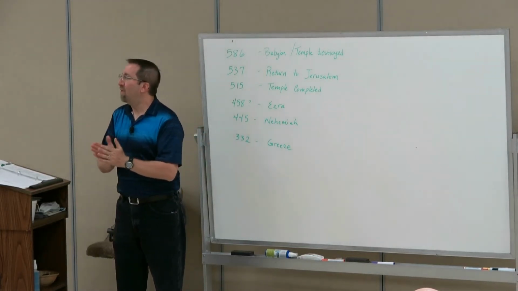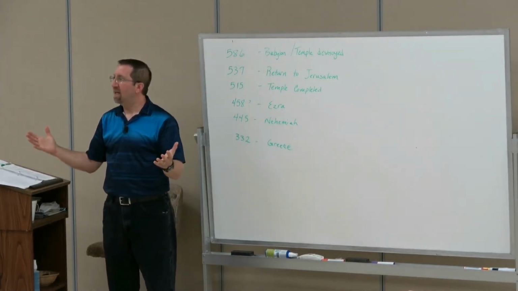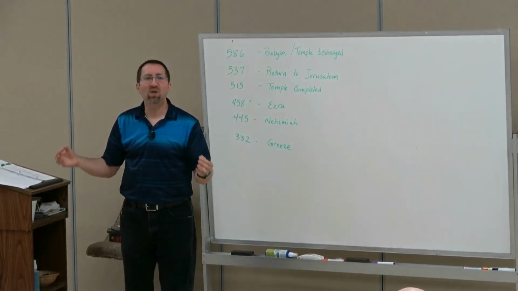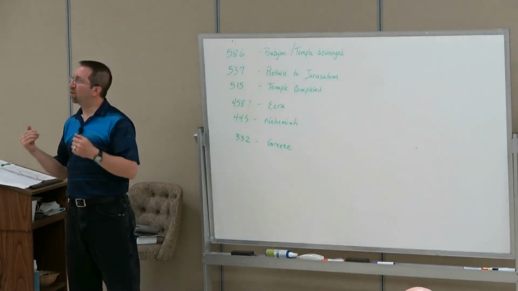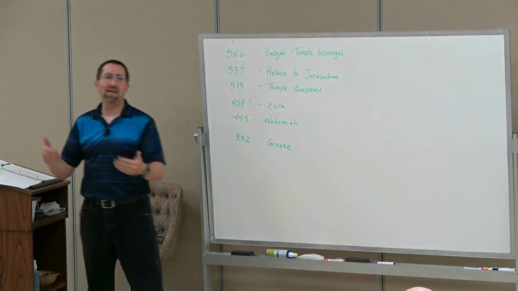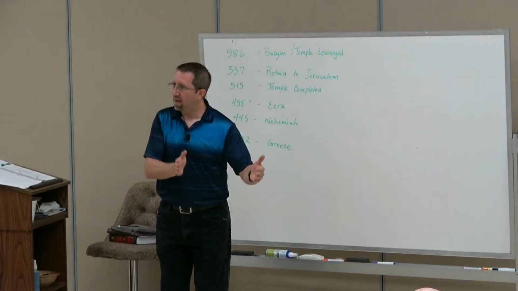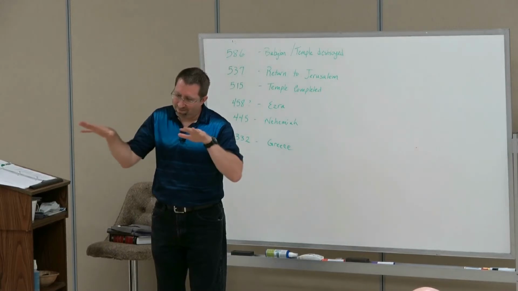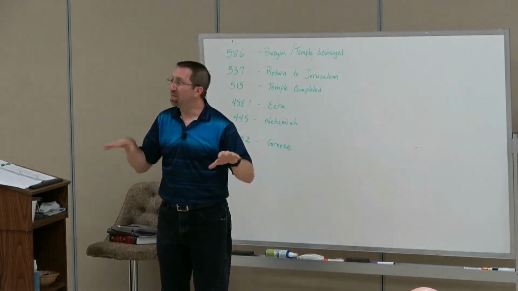But what we have when they finish this compilation is called the Septuagint. Septuagint is the Greek translation of the Hebrew Scriptures. Now, they started with the Torah, and that's what we know that they did in these rooms, these special circumstances.